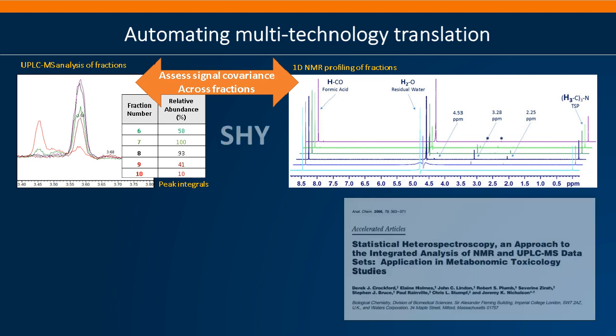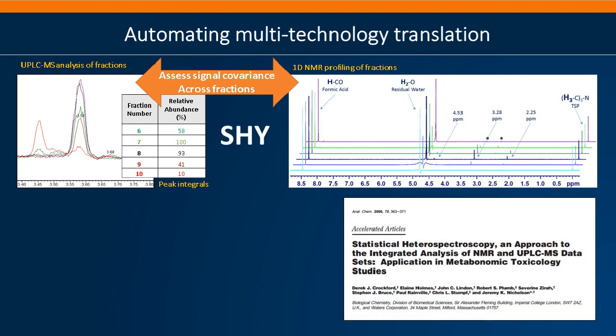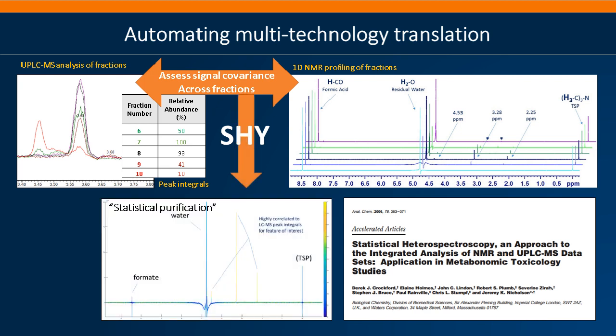This uses a technique which was developed within our group back in the early to mid 2000s, which was called statistical heterospectroscopy. And the idea there was to correlate signals between NMR and MS. I think it's been a push to do this in very complex biofluids, but in these more simplified pre-fractionated systems, it actually works really, really well, often revealing exactly what we need to know.